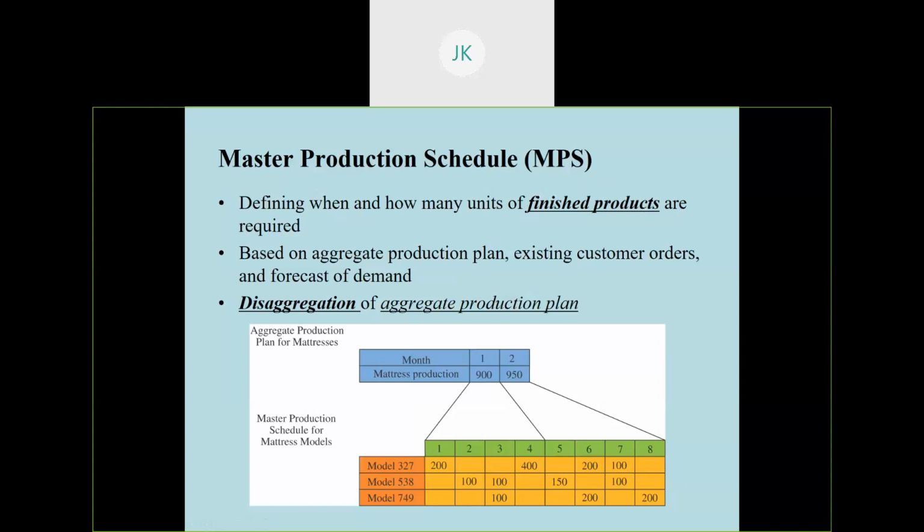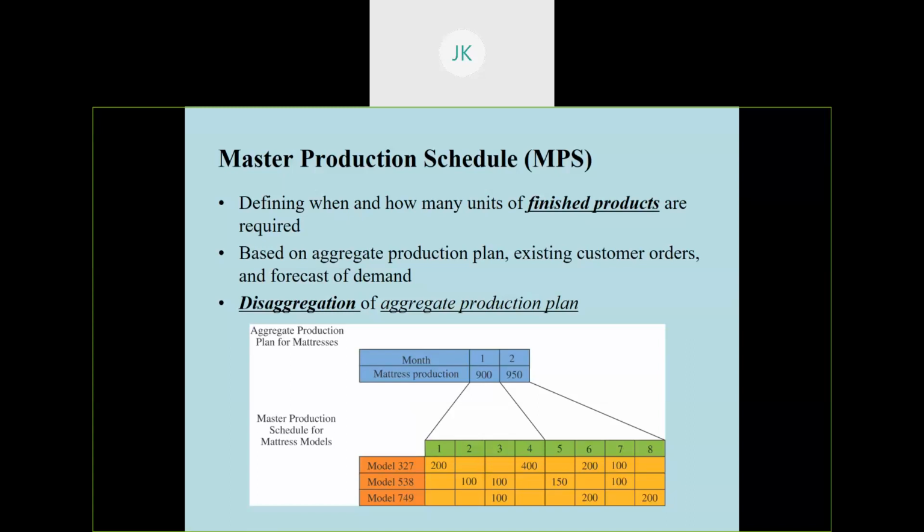So this master production schedule, MPS, is based on finished product. And this MPS comes from the aggregate production plan. Earlier, we talked about the aggregate production plan. It is intermediate, the mid-term production plan, not the long-term production plan.